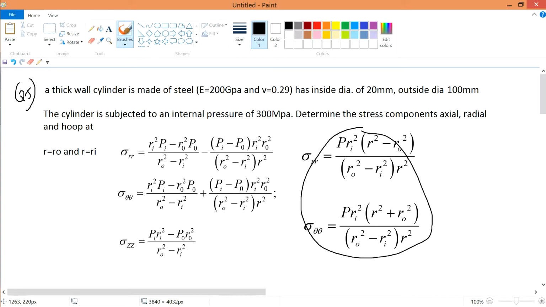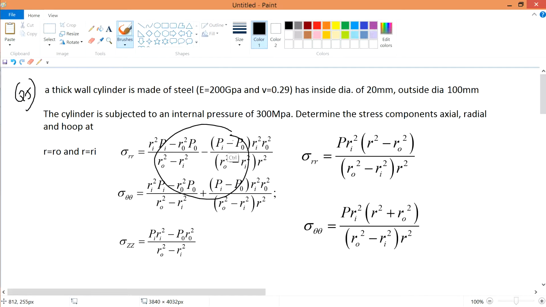I actually forgot to say that if you're talking about only internal pressure or only external pressure, if either one pressure is given and the other is equal to 0, you can just straight away use this formula. This whole chunk of formula is for when you have both pressure in and pressure outside. If you substitute in 0 here, of course we know that internal pressure is 300 MPa, you will still get back what you have found over here.